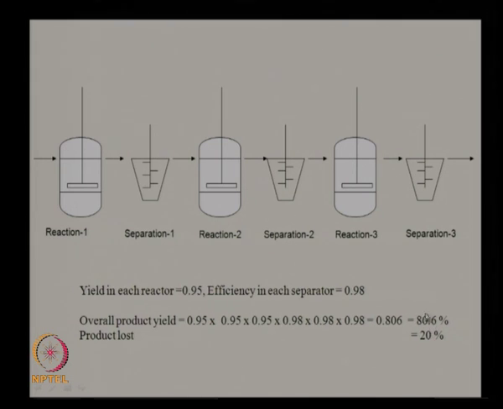So what do I get? I get an overall efficiency of 80%, that means I am losing about 20% of the product when I move from here to here. So just by putting 3 reactors and 3 separators, although the efficiency in each separator is very high, 0.98, and the yield in each reactor is very high, 0.95, I am losing 20% of the product, that means my overall production yield is only 80%.